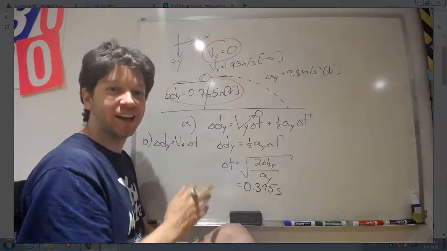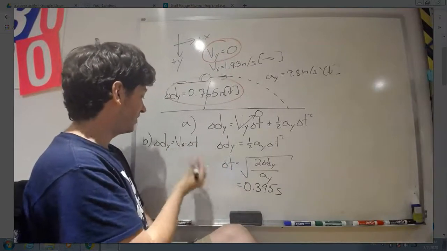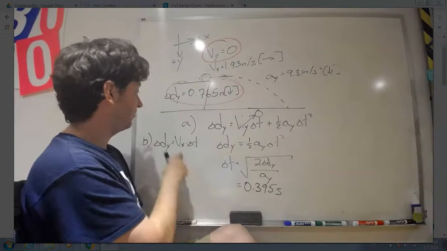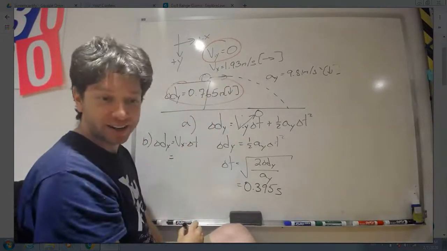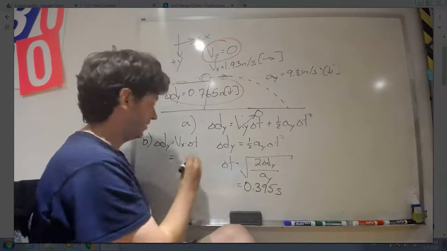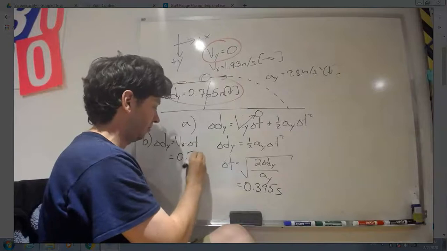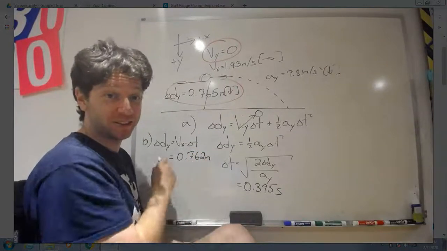Time is the same. So here we substitute 0.395 and our x velocity 1.93, and we get a range of 0.762. That's probably the easiest question right there.